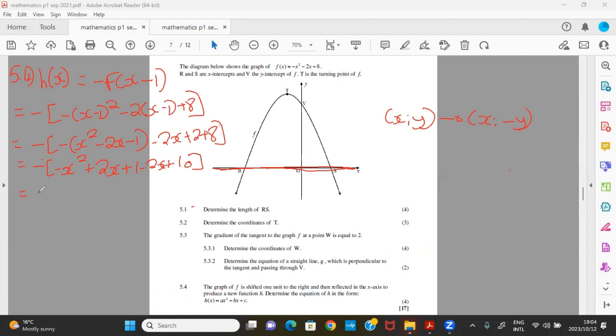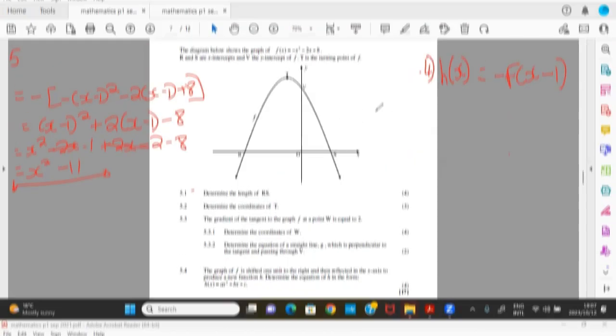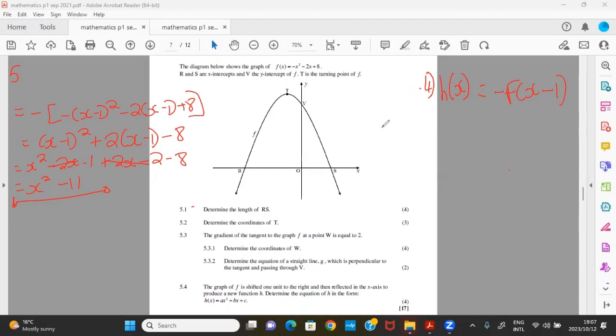Then just distribute the negative again. Then I have x squared minus 2x plus 1 plus 2x minus 10. Then it's x squared, I have minus 2x. Now, what's this plus 2x? So they cancel. And then 1 minus 10, that's minus 9.